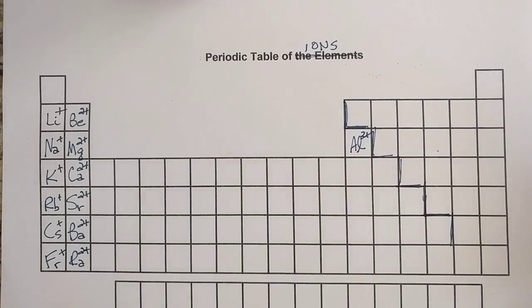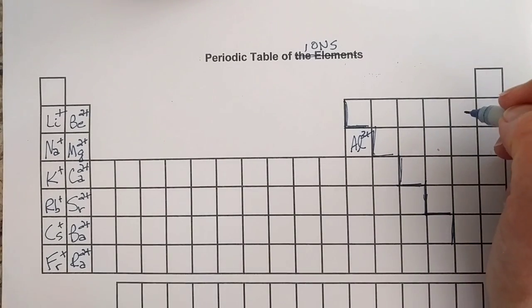All right, our halogens all have 7 valence electrons. They only need 1 to be like a stable noble gas in terms of electron configuration. So each halogen gains 1 electron to become an anion. So we can fill in that column.